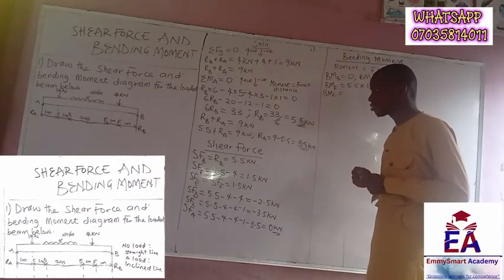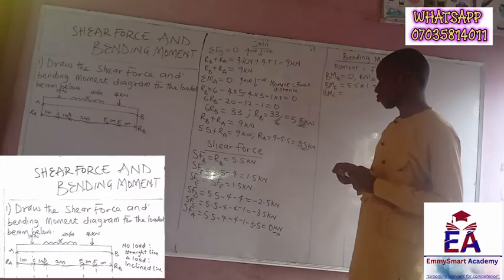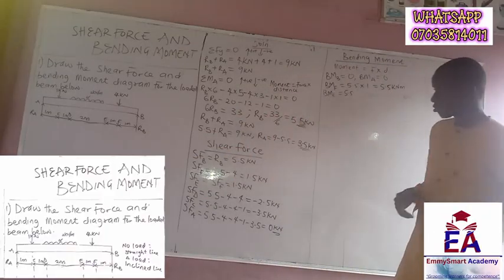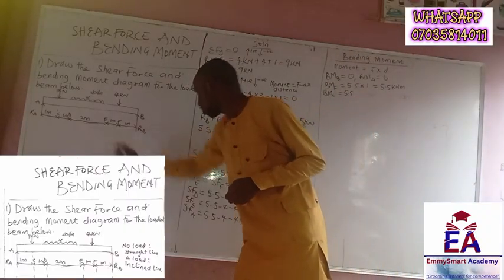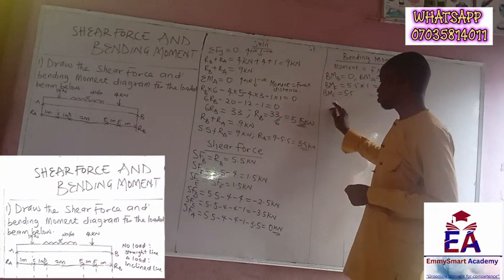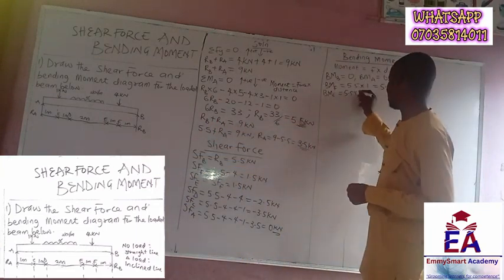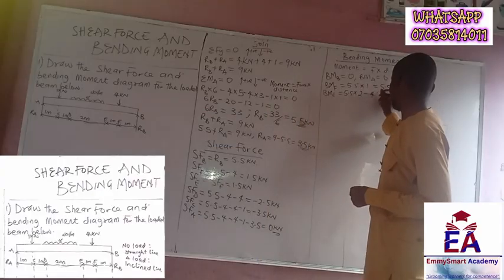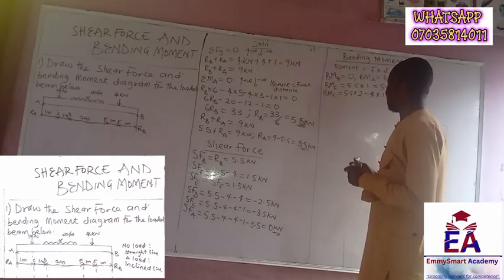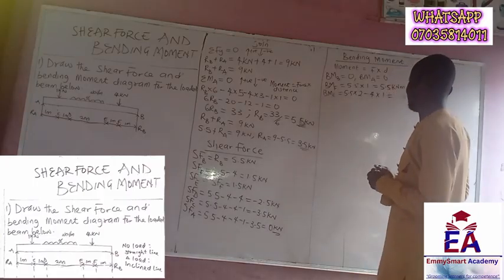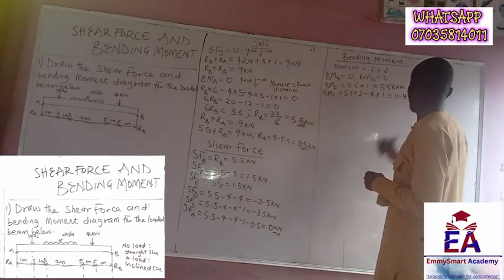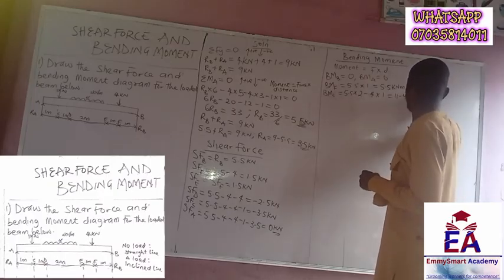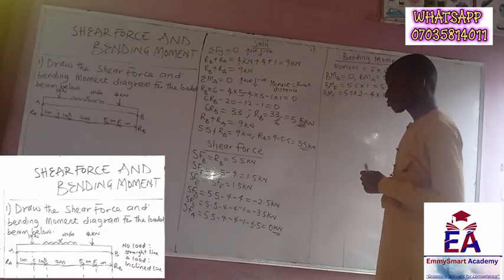Bending moment at point E should be 5.5 times the distance, which is 2, minus 4 times 1. So 5.5 times 2 is 11, 11 minus 4 is 7. 7 kilonewton meter. Okay.